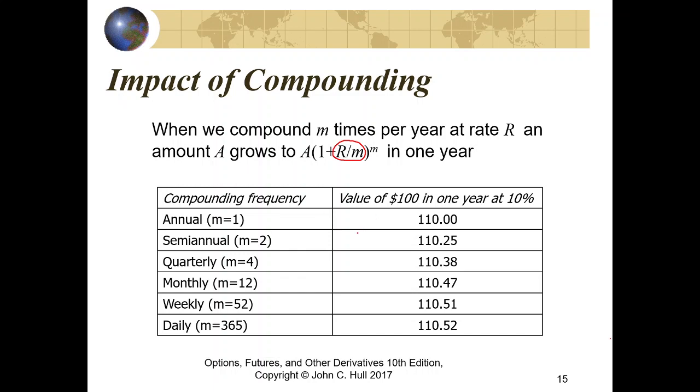As an illustration, a continuation of the example we did before: if the frequency of compounding is monthly, which means we compound the interest payments 12 times in a year, then the value of 100 invested today will grow to 110.47.